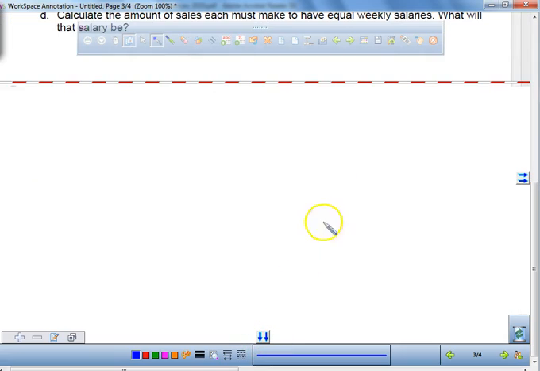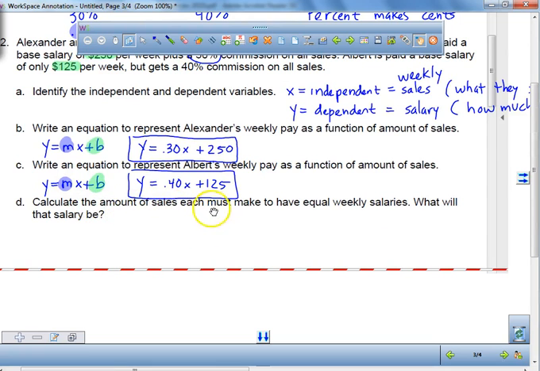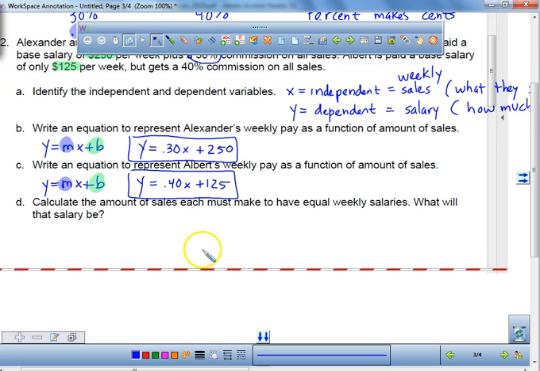Okay? Now, what does it say? It says, calculate the amount of sales each must make to have equal weekly salaries. What will the salary be? Now, we're going to do this by hand, and then we're going to show you how to type it into the graphing calculator and find where the two lines meet. So we're going to first do it by hand. All right, so what do we want?